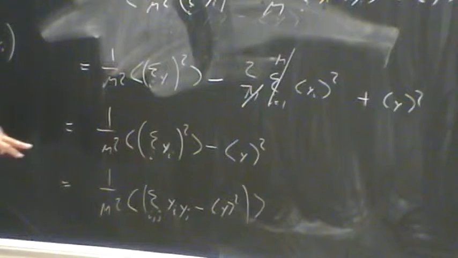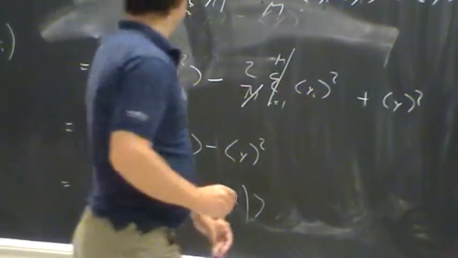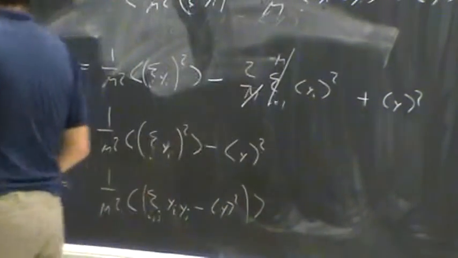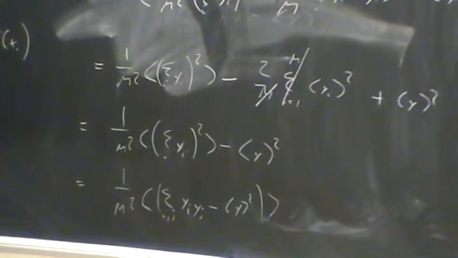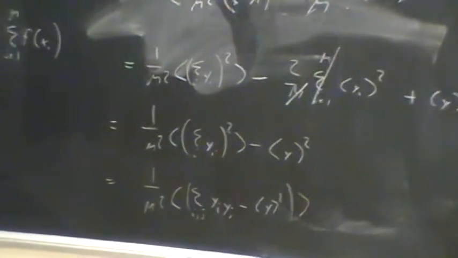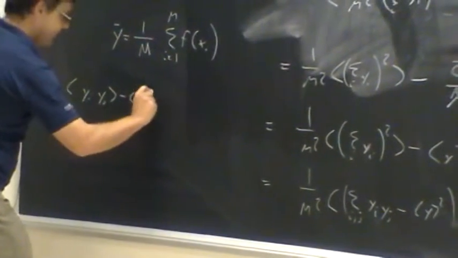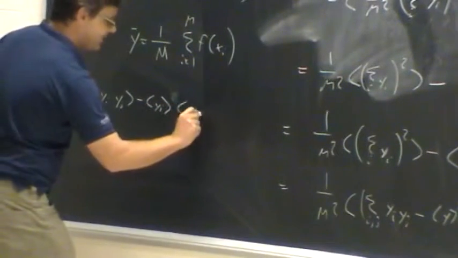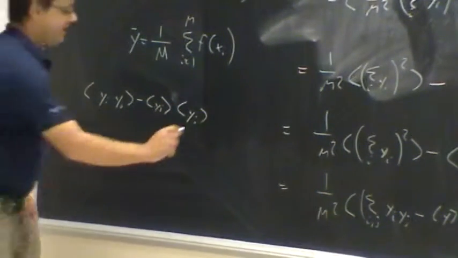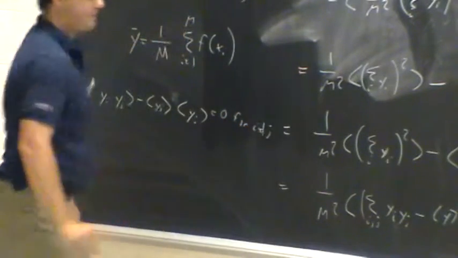These samples that draw the xi's should be independent. So assume that they are independent, and that means that the correlation will be 0. So the expectation value of yi yj minus the expectation value of y squared, which is the same, is 0 for i not equal j.